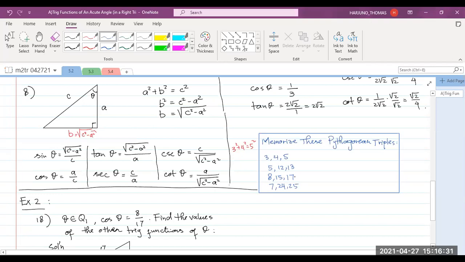Okay, there are a lot of Pythagorean triplets. Actually, there are infinitely many Pythagorean triplets. But the ones that show up a lot in trigonometry are these four.